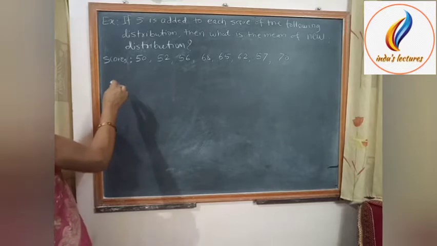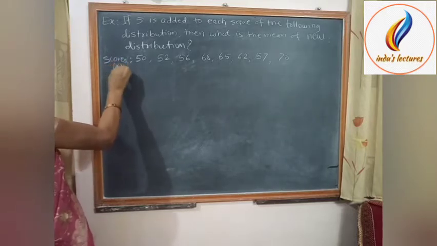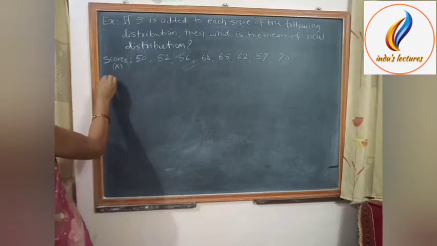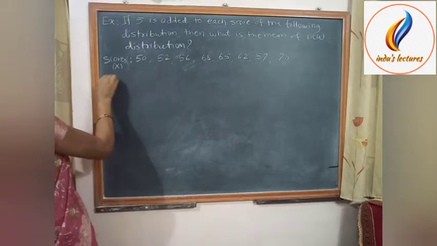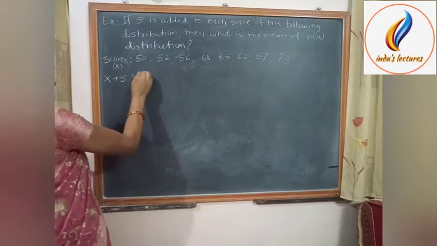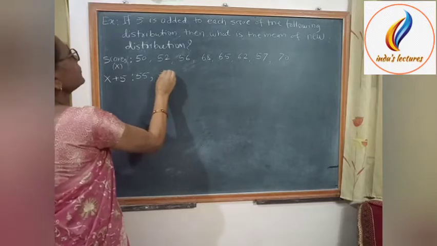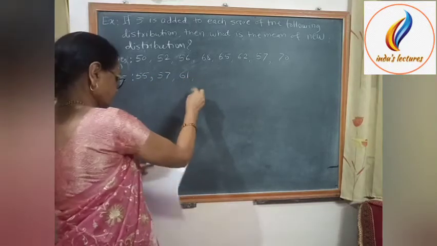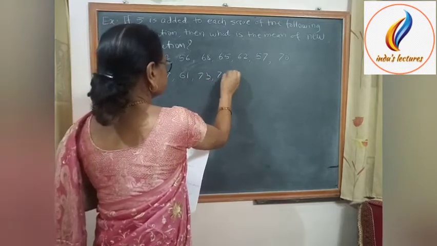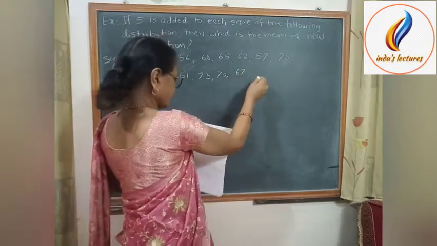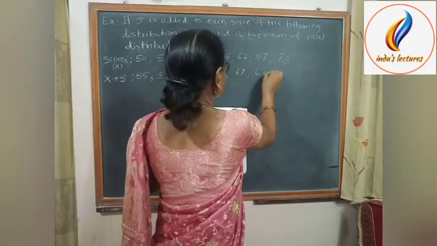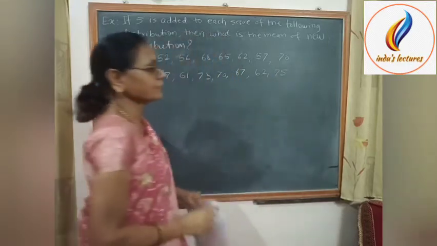Suppose these scores are x, then 5 is added to each score, that means we find x plus 5: 50 plus 5 is 55, 57, 60, 61, 73, 70, 67, then 62 and 75.